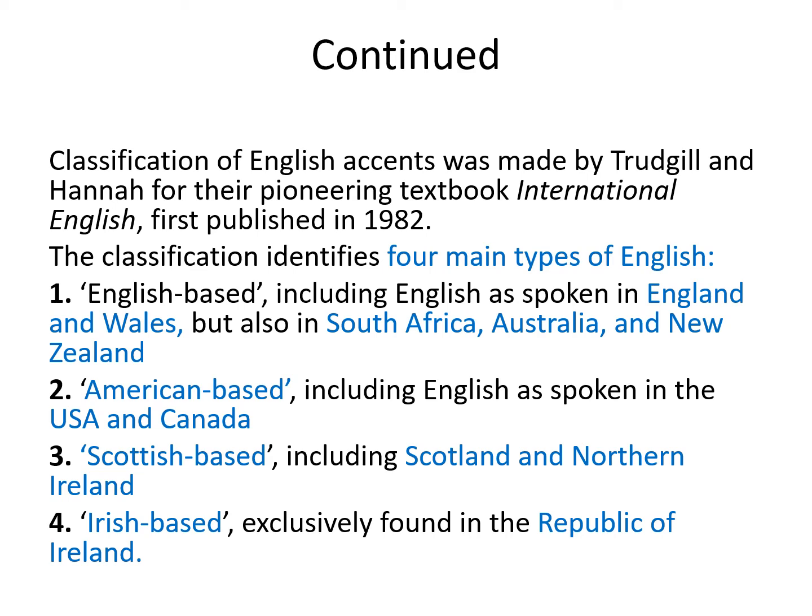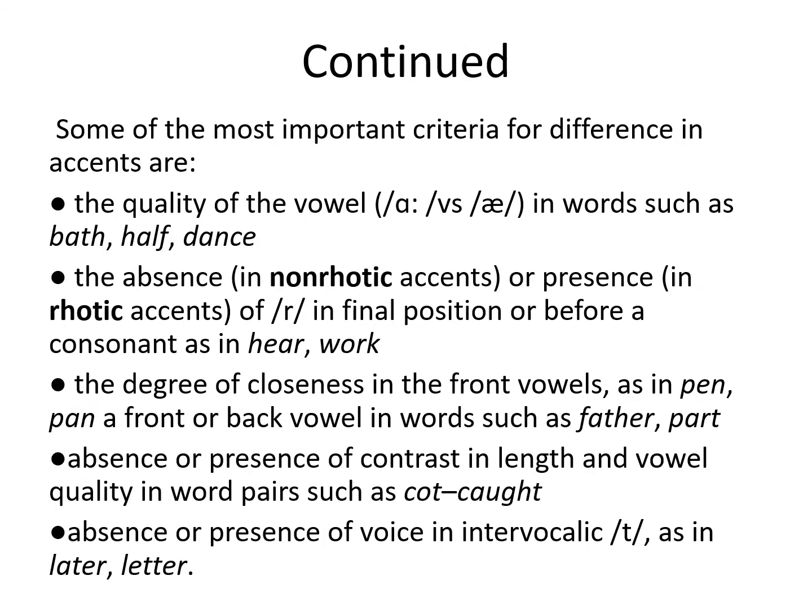These are the four levels of accent. Some other more important criteria for difference in accents we can also find here. The quality of vowel sounds, like in hat, we have to open our mouth more and more wide.